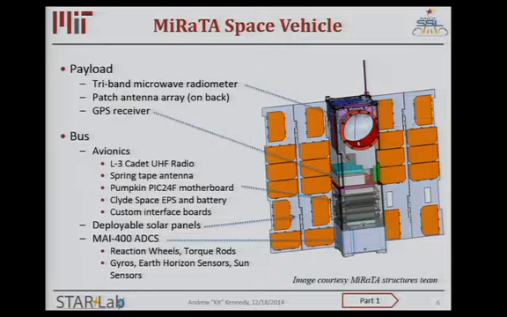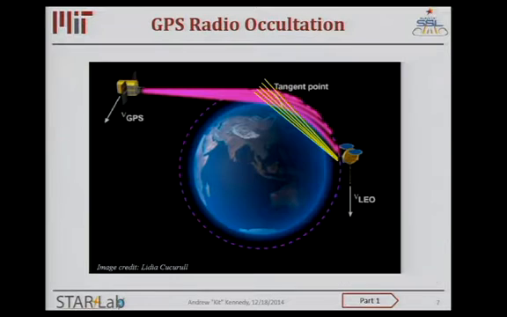And then we have deployable solar panels, and finally basically a unitized ADCS module from Maryland Aerospace Incorporated. Basically has reaction wheels, torque rods, gyros, Earth horizon sensors, sun sensors, all kind of incorporated into one unit. So it reduces kind of the complexity of our development process for the bus.